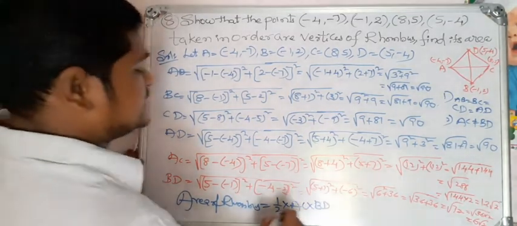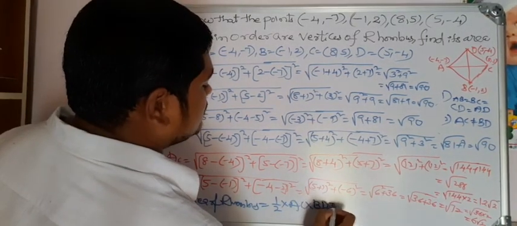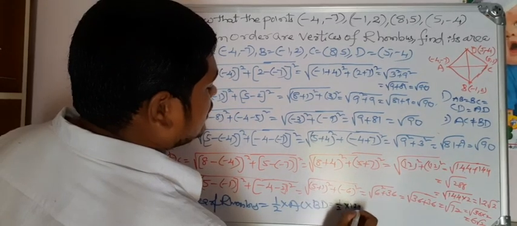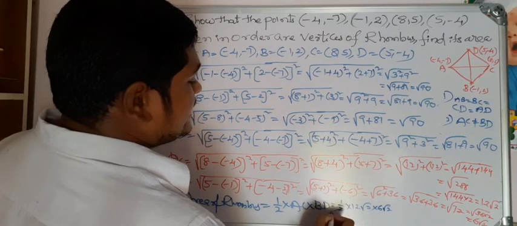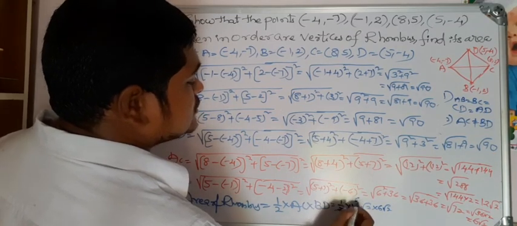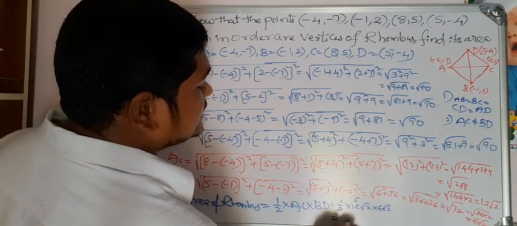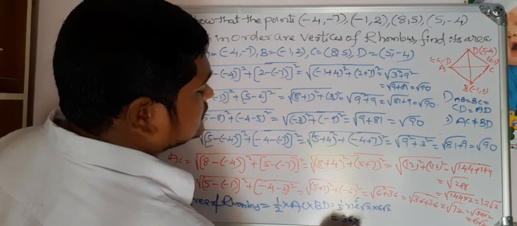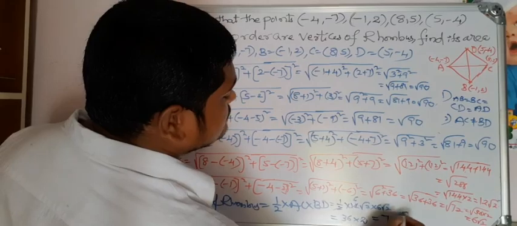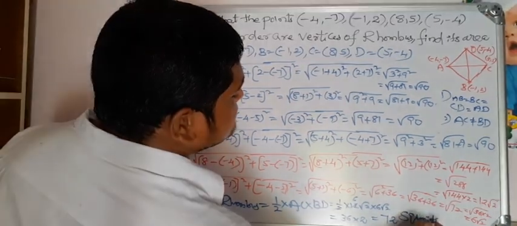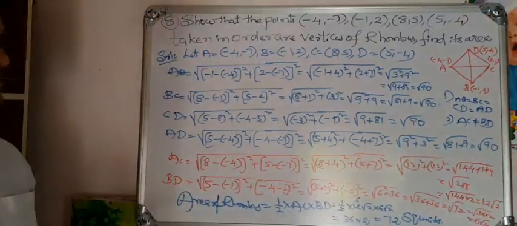Now that is equal to half into 12 root 2 into 6 root 2. Now cancel the 2 here, 6 times. So this is 6 into 6, that is 36. Next, root 2 into root 2 is equal to 2. So it is equal to 72 square units. This is the area of the rhombus.